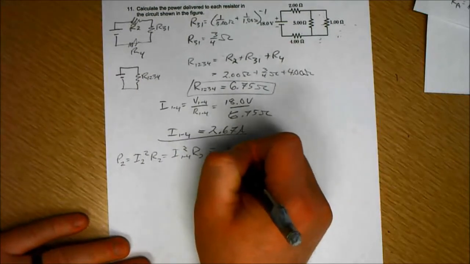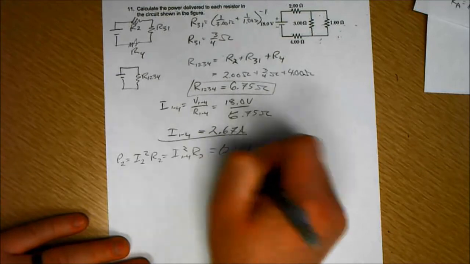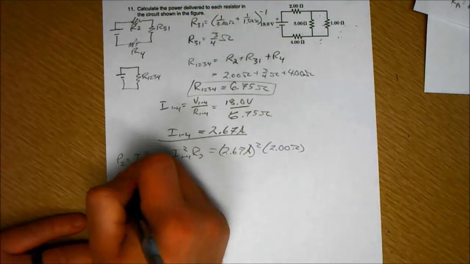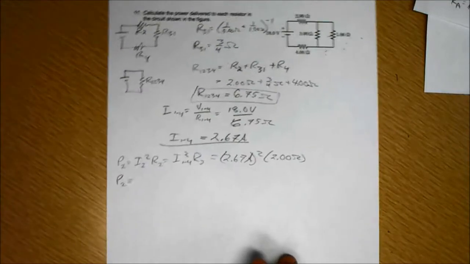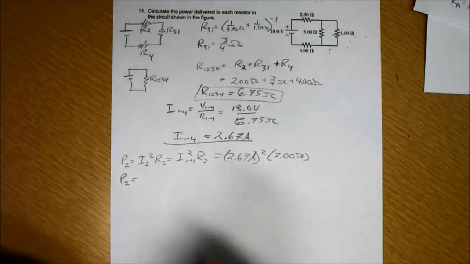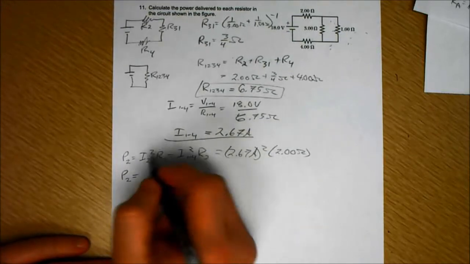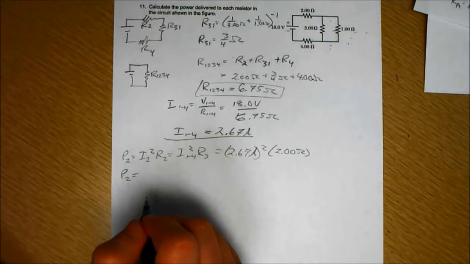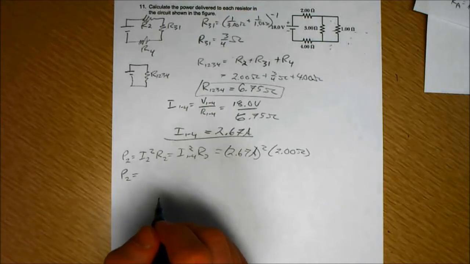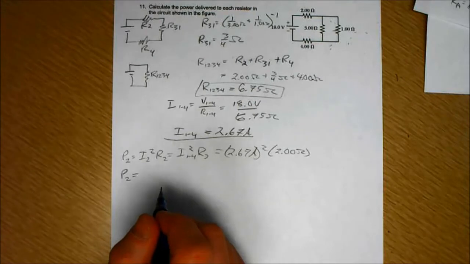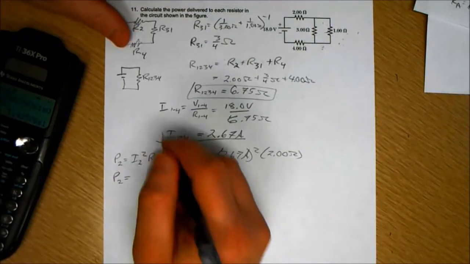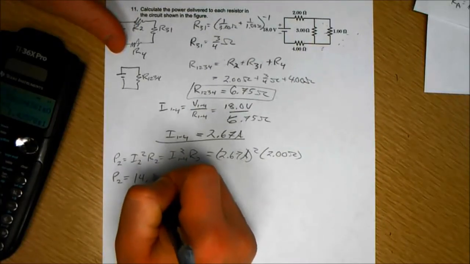So that's 2.67 amps squared times 2 ohms. So power in 2 is equal to 1.34. Now the power through that first resistor is 14.3 watts.